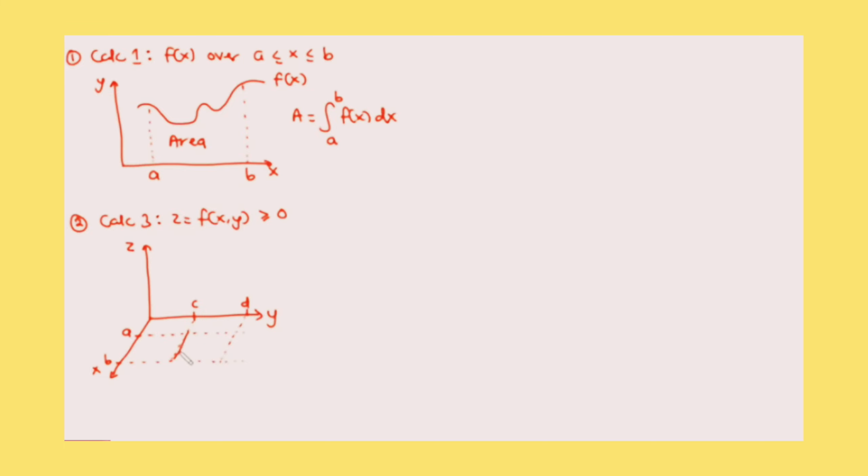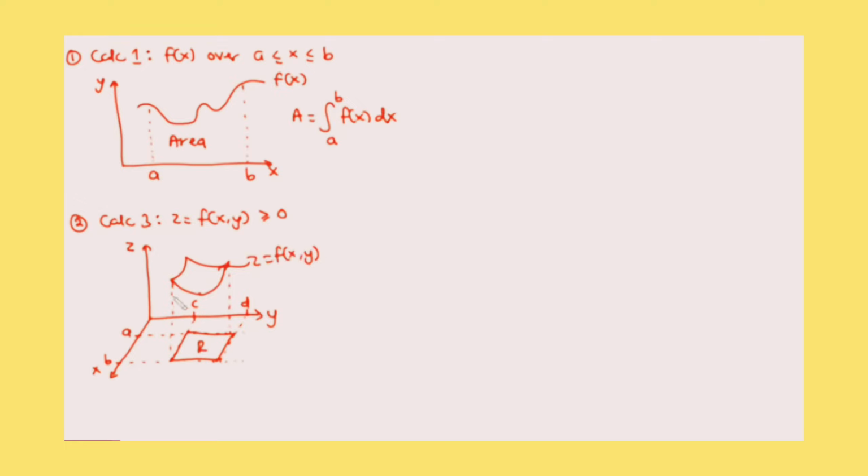So we are going to have this to be the rectangular region R, and then we also have this to be the surface formed by the function z = f(x,y).